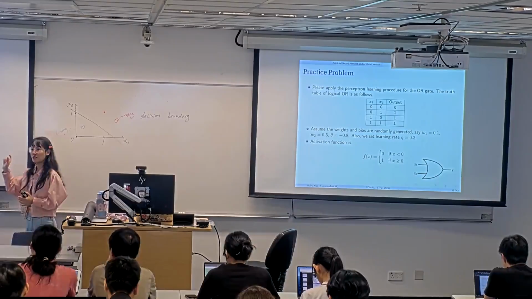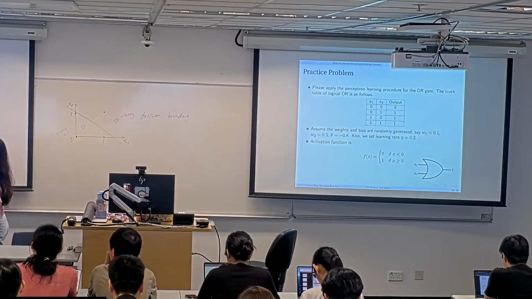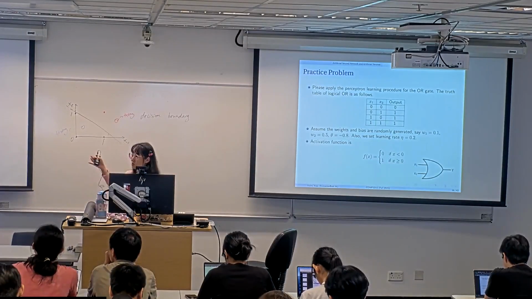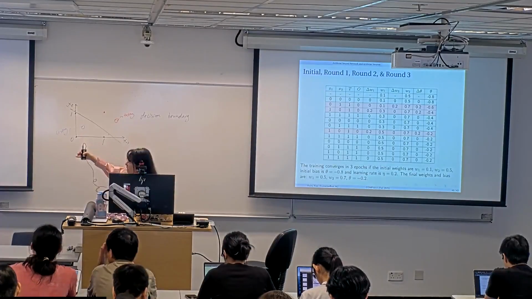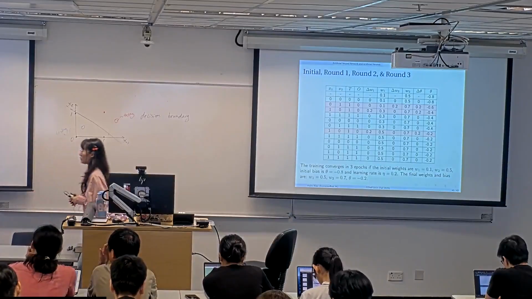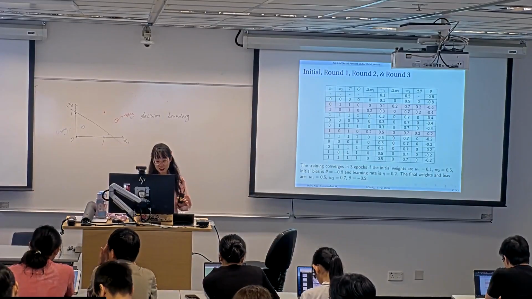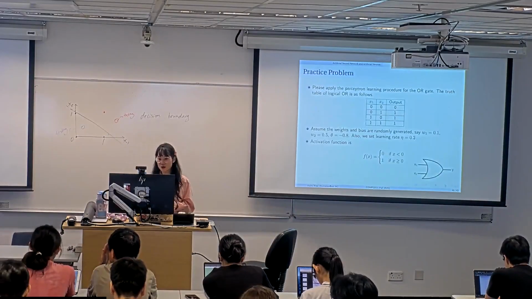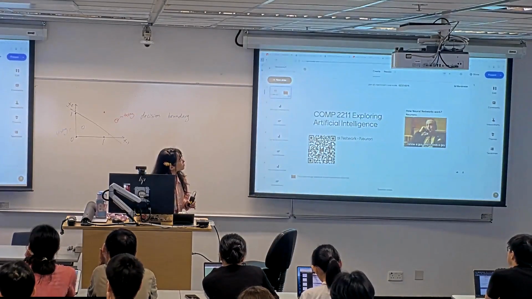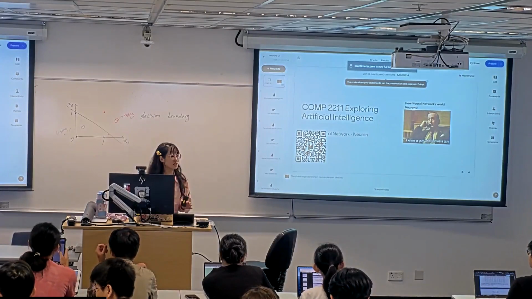Try to learn a perceptron for this data set. It's the logic OR. And after that, you can compare your answers with this. If you want to finish the whole training, basically you need so many epochs, so many steps for that. All right?